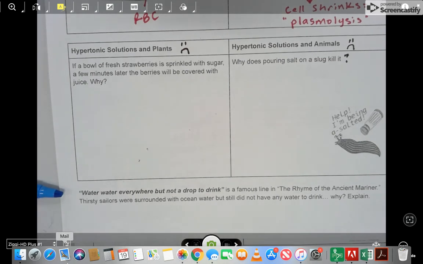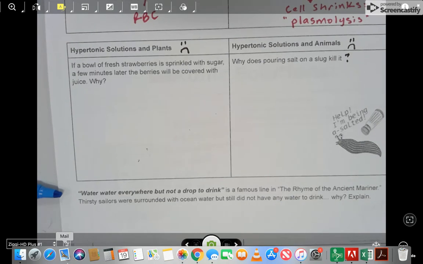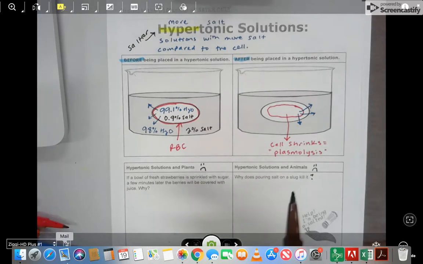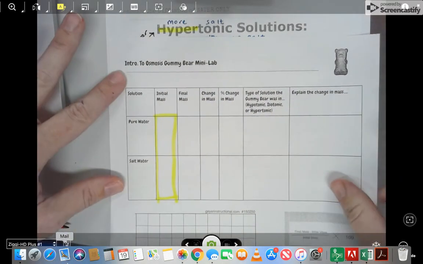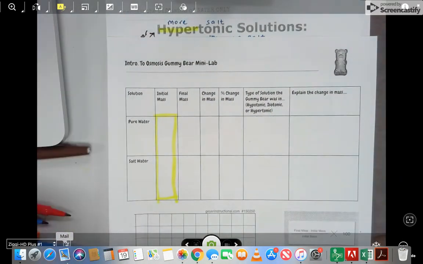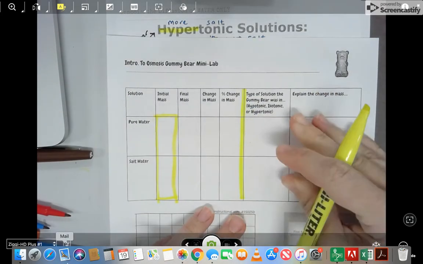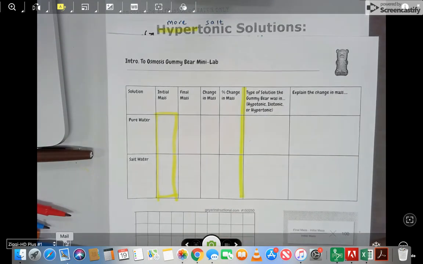Now, at this point in the class period, you should have these notes done. You should have the gummy bear math done up through percent change in mass. We will do this analysis and graphing on Monday in class.